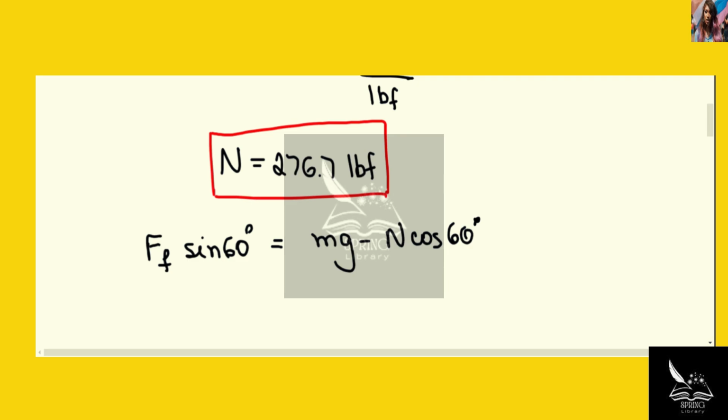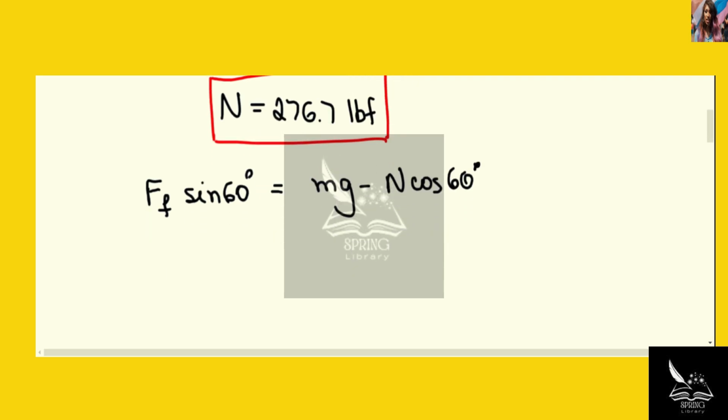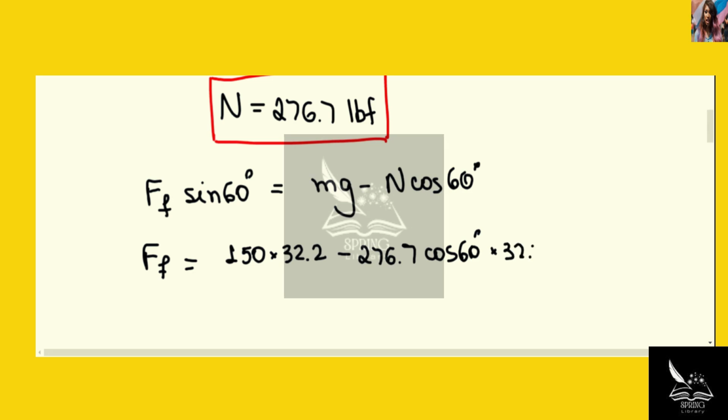So we have that the frictional force is mg, which is 150 times 32.2, minus n, which is equal to 276.7 times cosine of 60 times 32.2, and then I'm going to divide it by the sine of 60.